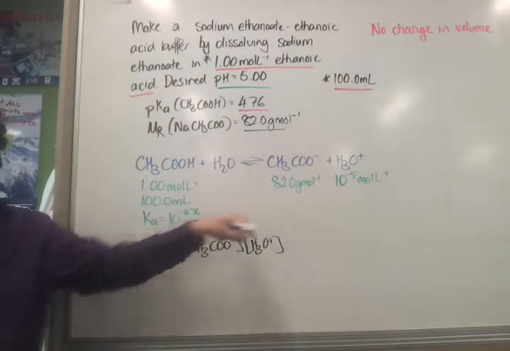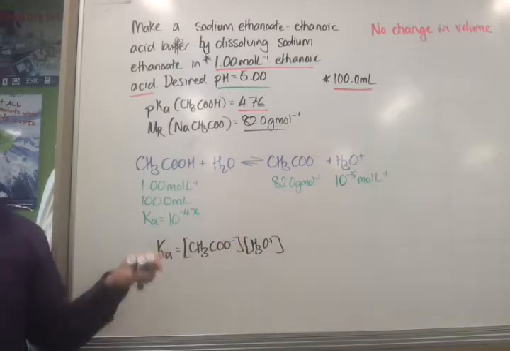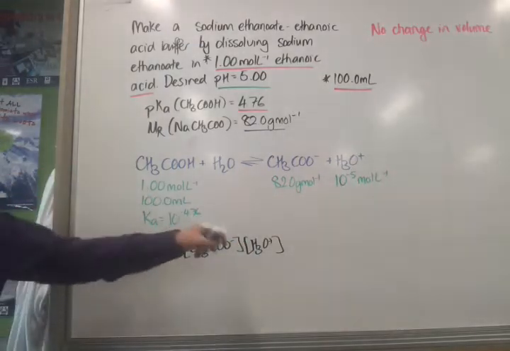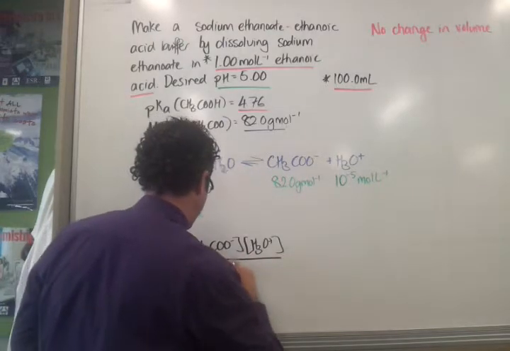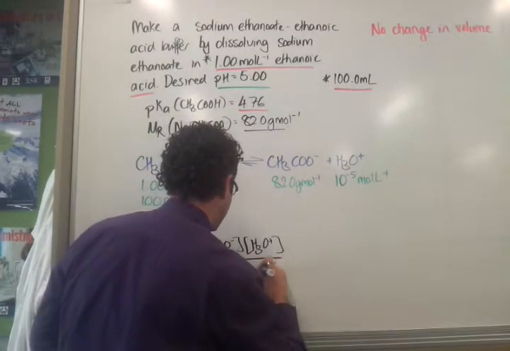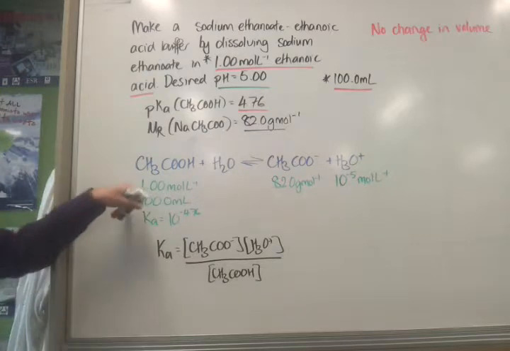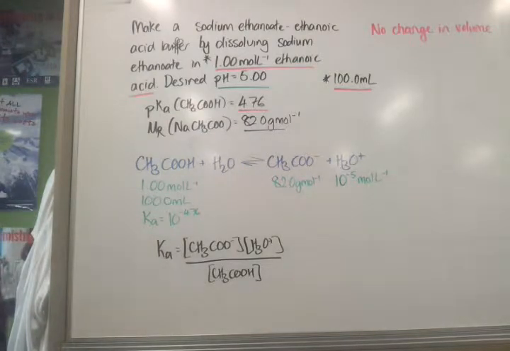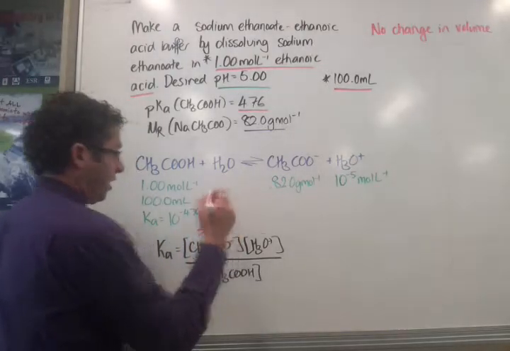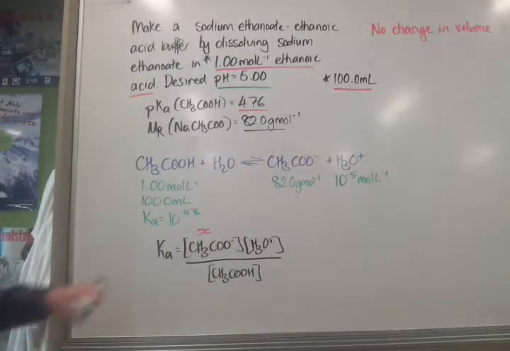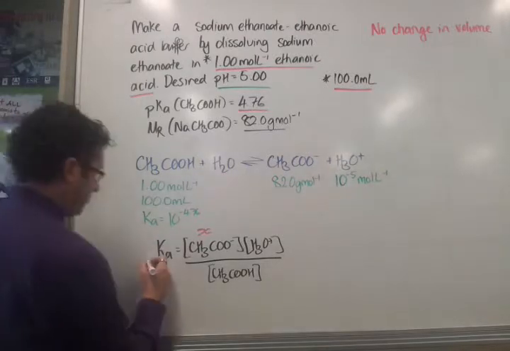Remember, in a buffer, these two numbers are not the same. All of this divided by my ethanoic acid concentration. Now because ethanoic acid is a weak acid, this 1 mole per litre will stay as 1 mole per litre. So I can actually substitute some numbers and algebra in there. I don't know this one. It's my unknown. So I'm going to call it x, because I like working with x for algebra. Ka I've got.